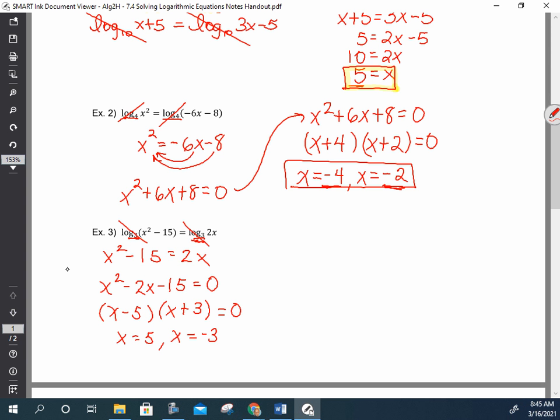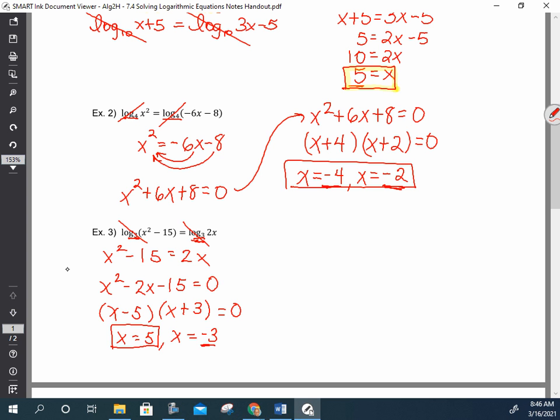We start with the 5. 5 squared is 25. 25 minus 15 is 10. 2 times 5 is 10. So 5 we know works out. Now -3. -3 squared is 9. 9 minus 15 is -6.